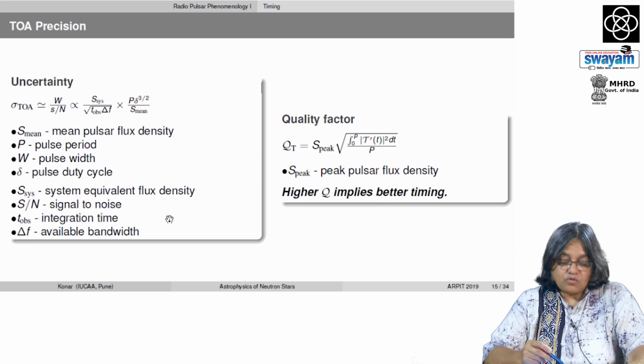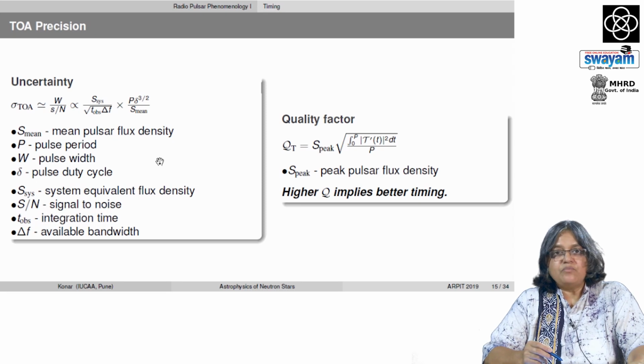On the other hand, it crucially depends on the intrinsic pulsar parameters, what we are getting from the sky. So, the mean pulsar flux density, the pulse period, the width of the pulse and also the duty cycle of the pulse.